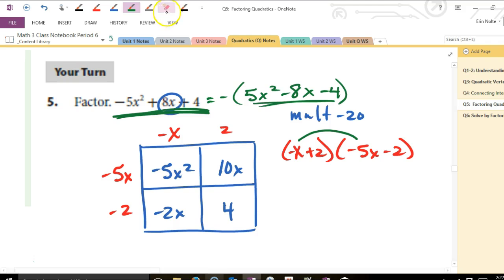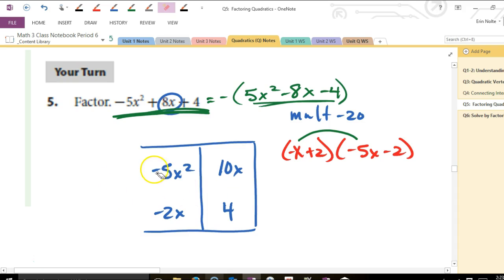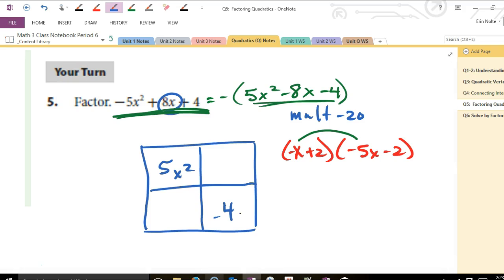Okay, so that's going to change some things back here. It's not going to change a lot of things. Okay, so everything just turned opposite, right? Okay, so now my first number is a positive 5x, I have a negative 4, right?